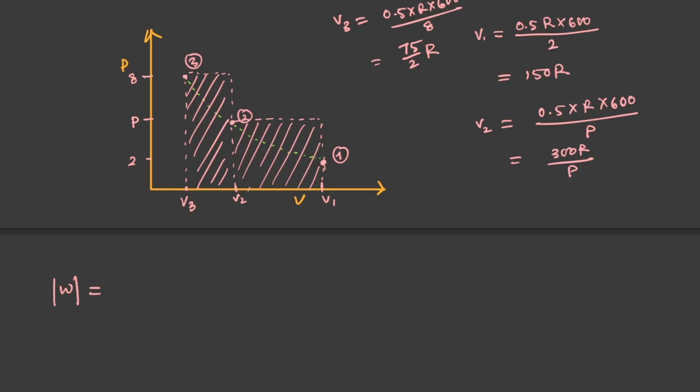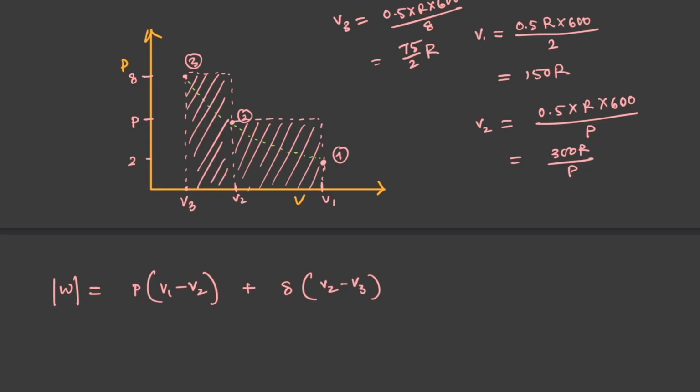That will be P external delta V in the first process. So P external is P and delta V is V1 minus V2. I am only considering the positive value. Plus the next step, external pressure is 8, and that is V2 minus V3.